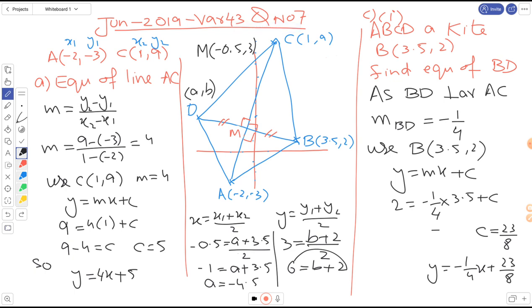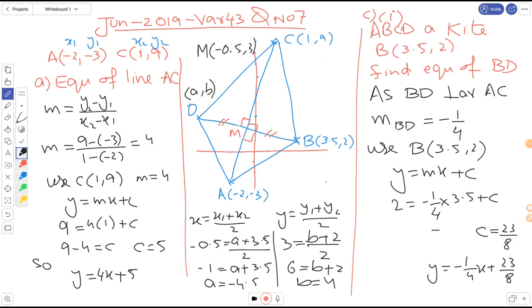So b plus 2 is the answer. One minute, let me finish the question. So b plus 2 equals 6, and 2 goes there, we subtract. So b becomes 4. You can see that our question is finished, and we got the D coordinates.